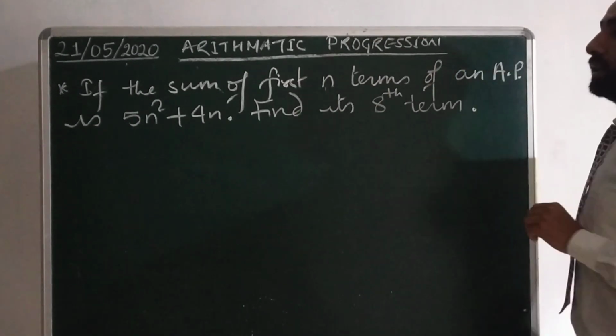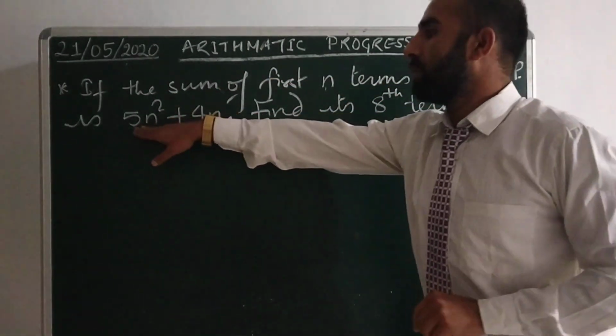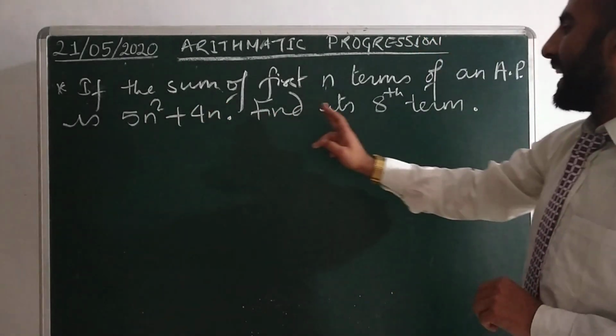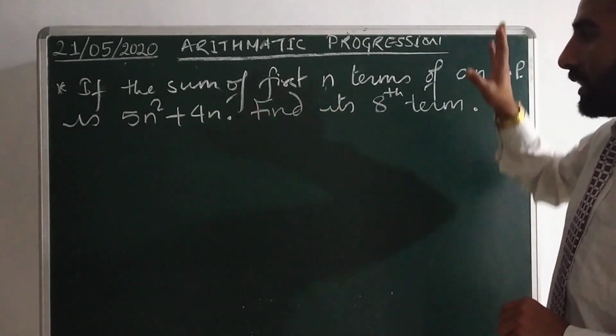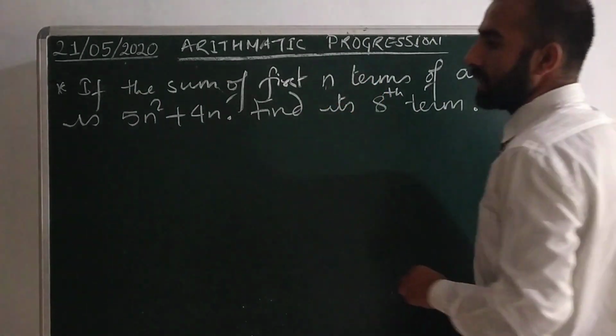So kids, if the sum of first n terms of an AP is 5n squared plus 4n, find its eighth term. This question we are going to solve using the formula which I gave just now.